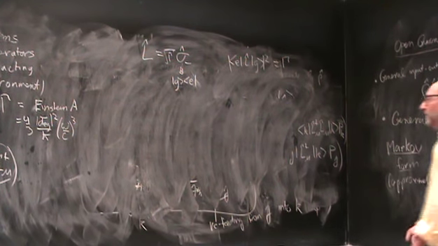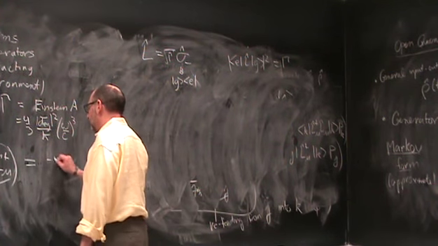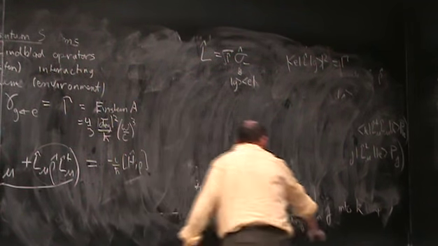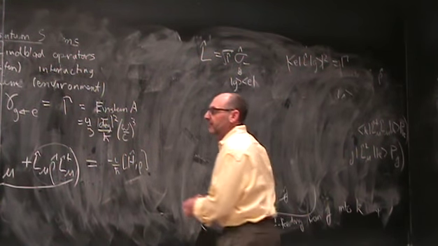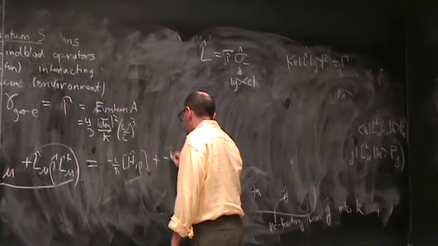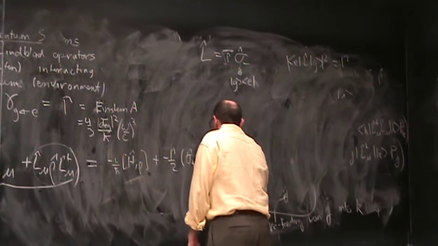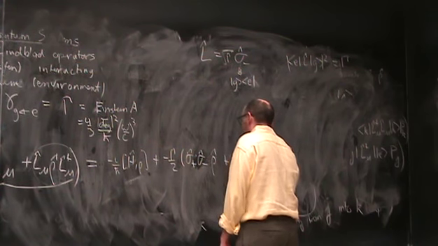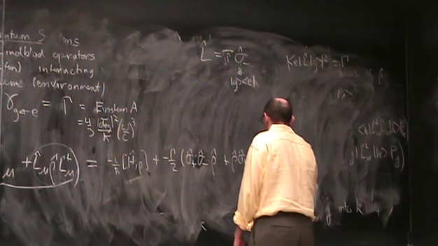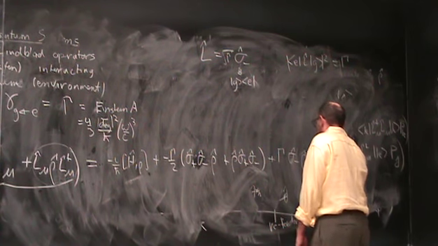So we could write down the master equation for our two-level atom. It's equal to whatever the Hamiltonian is, plus, there's only one Lindblad operator here, so we have minus gamma over 2, sigma plus sigma minus rho plus rho sigma plus sigma minus, plus gamma sigma minus rho sigma plus.